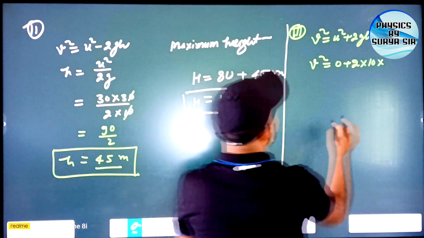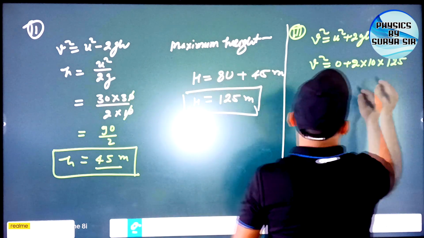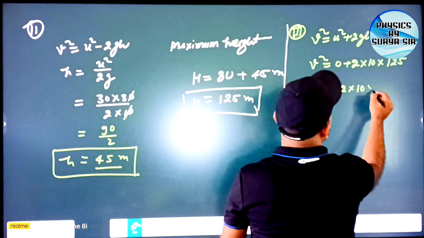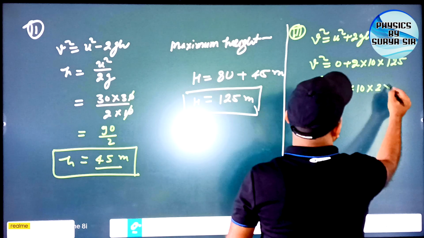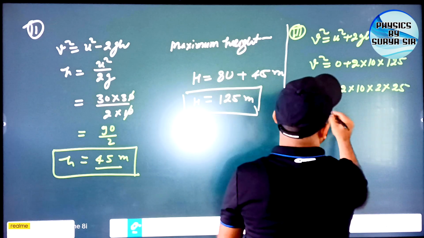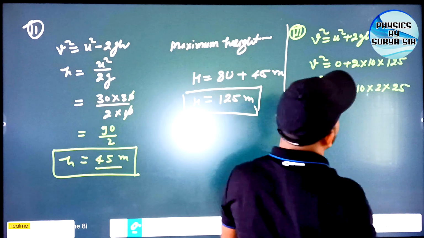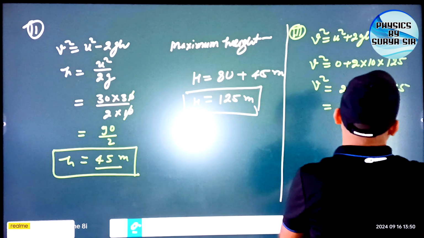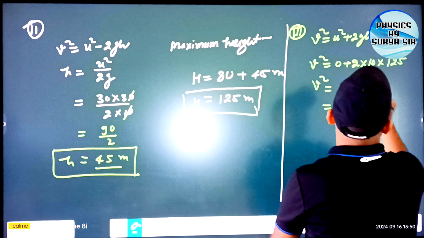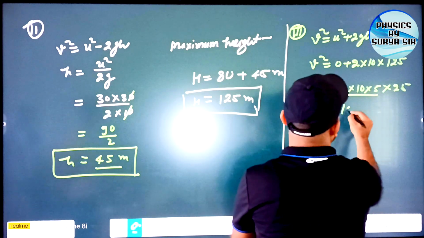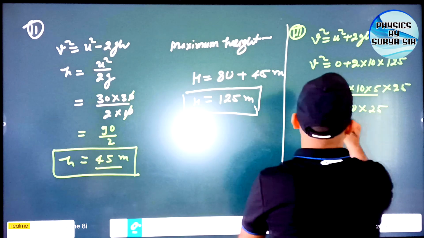How much h is there? 125. So v square is equal to 2 into 10 into 125, which is 100 into 25.